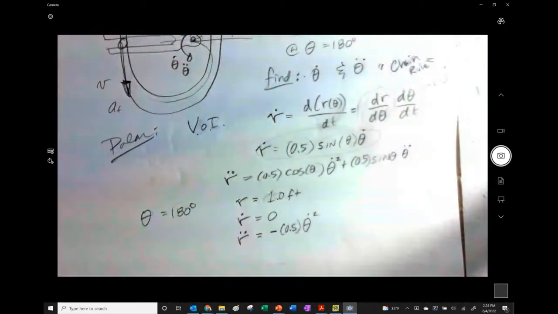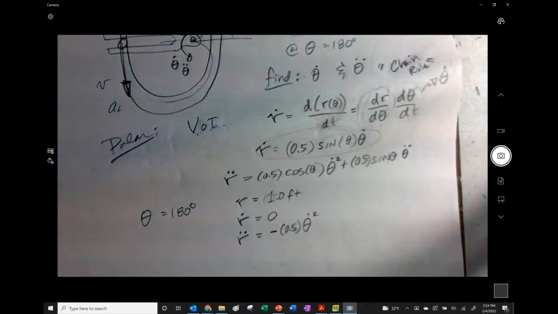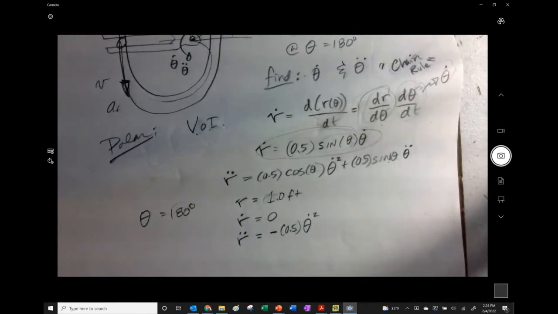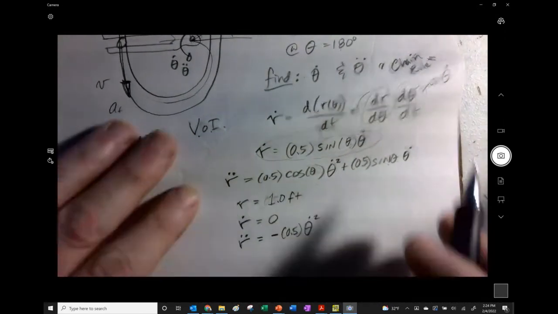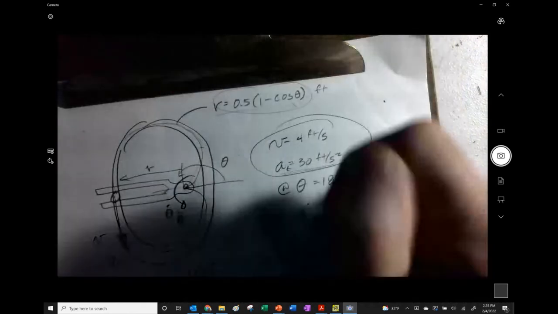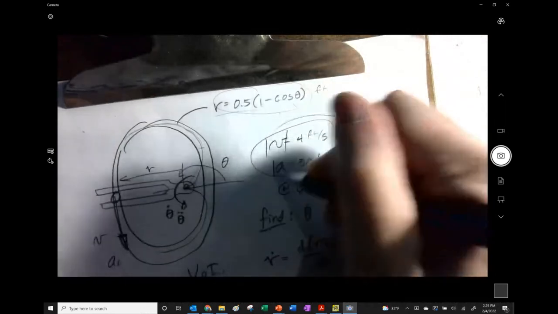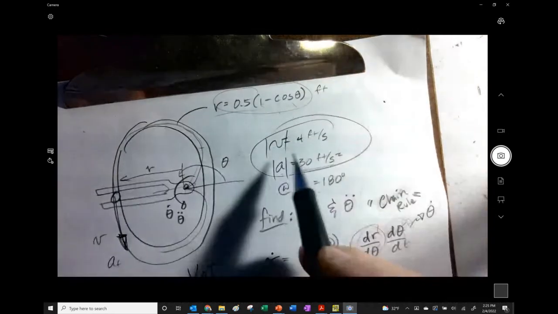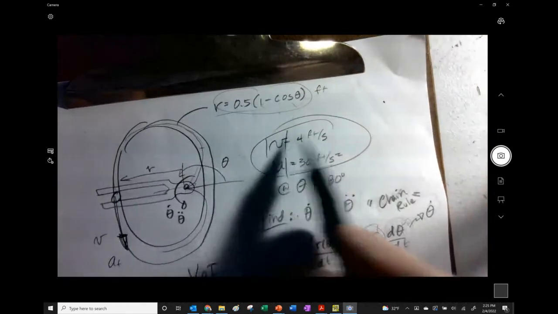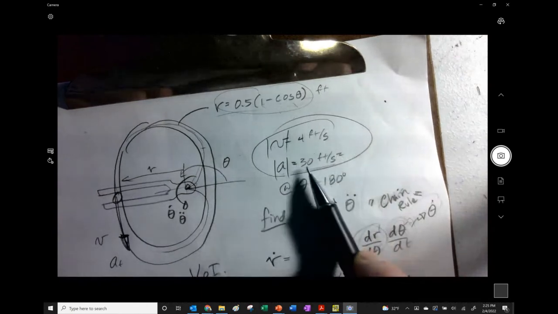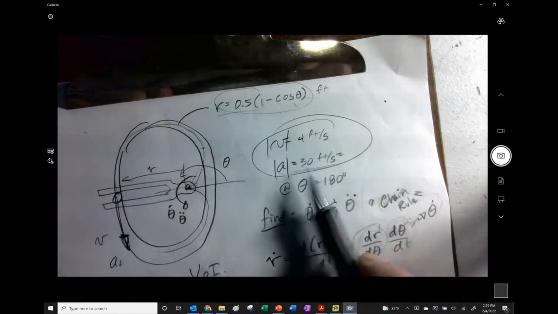Oh, I see. All right, so the way I read the problem was a little bit wrong. When they told us this up here, they meant that right there. Well, this didn't affect anything because we would have recognized that up above, but they were saying the magnitude of the acceleration, right?